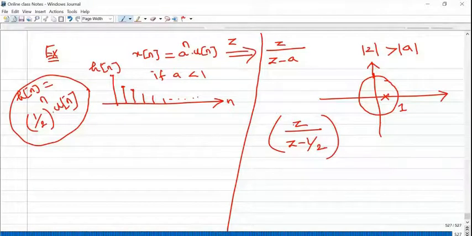If H of z is given as Z divided by Z minus 1 by 2, how do we check the stability of the system? We follow this method. If the poles lie inside the unity circle, then it is a stable system. Suppose any pole lies on the unity circle, then you write the statement marginally stable.